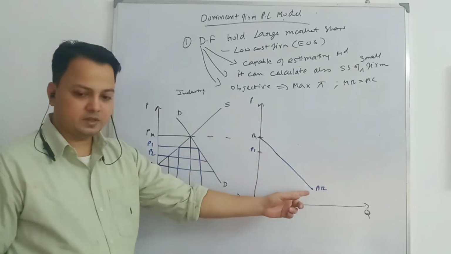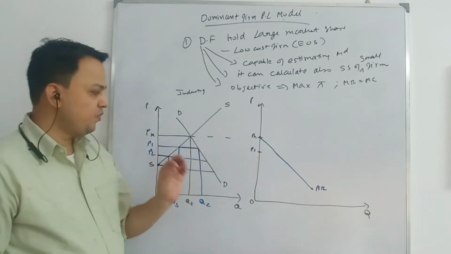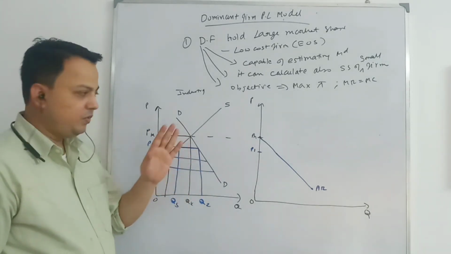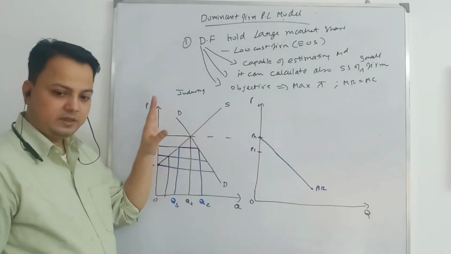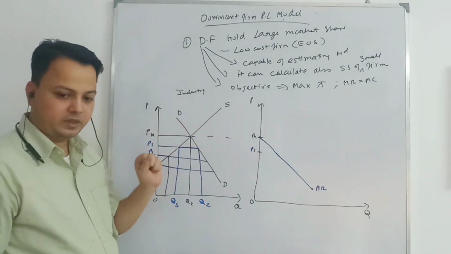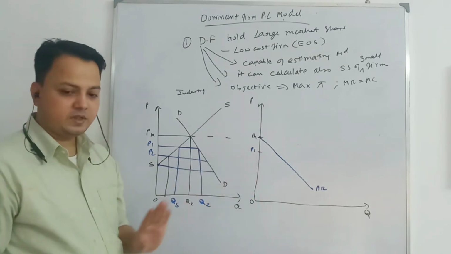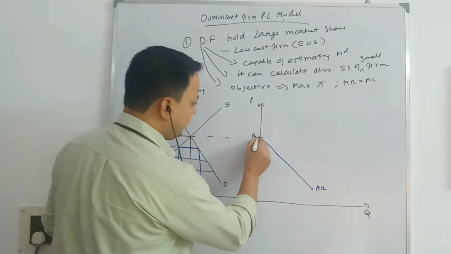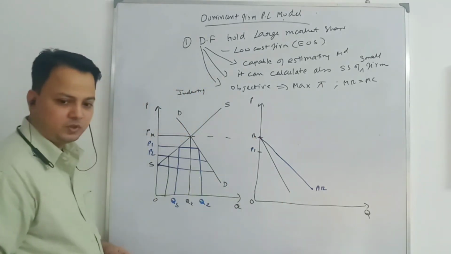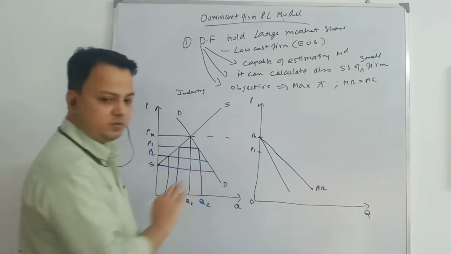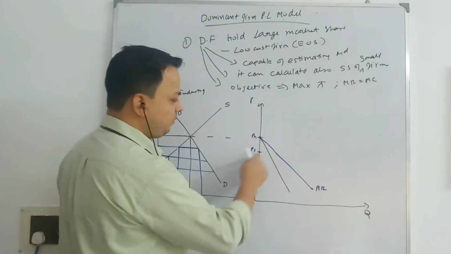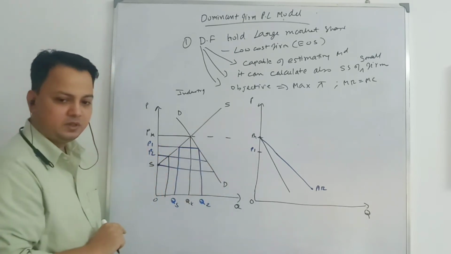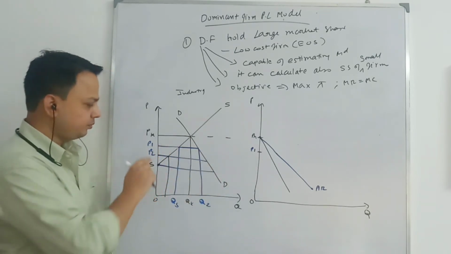How do we derive this demand curve for the dominant firm? We derive the demand curve based on whatever is the market demand calculation. We subtract the supply that is done by the different firms taken together at different prices. So we arrive at the demand curve of our dominant firm, the AR curve. Then you will be having the corresponding MR curve. Then I will be drawing marginal cost for this firm. MR equal to MC will be giving me the equilibrium price and output. And this price has to be accepted by our small firms.